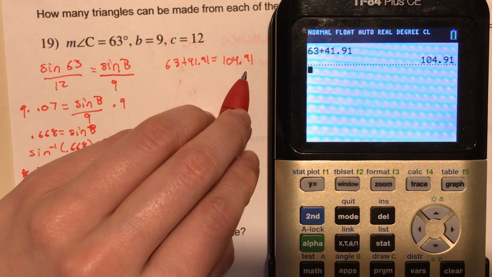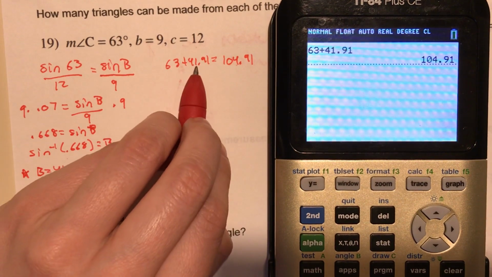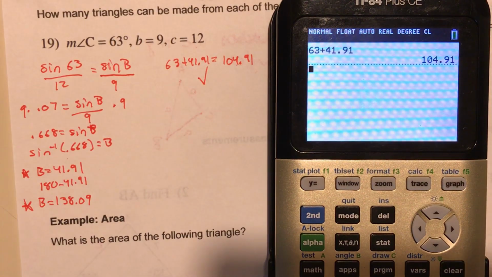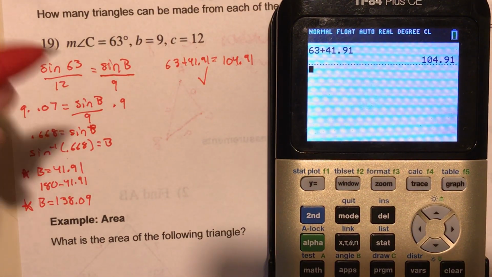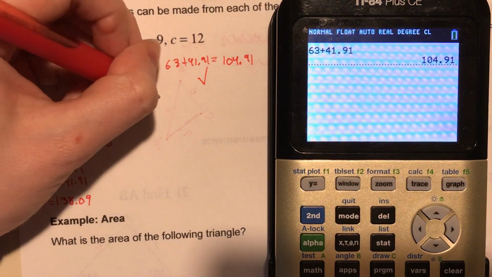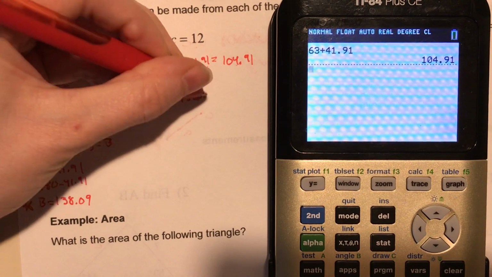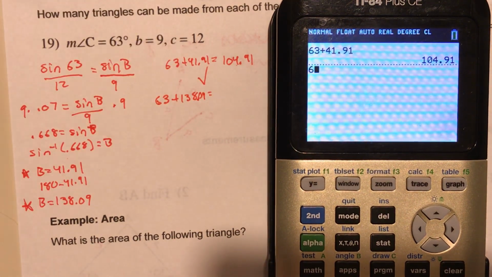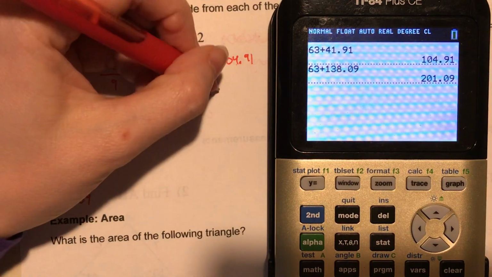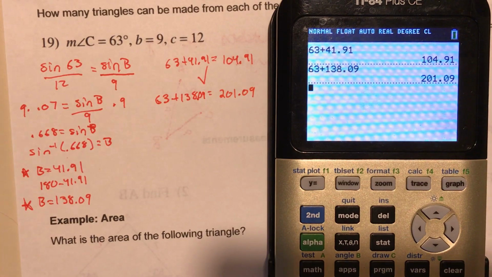We don't know what the third one is, but since this is less than 180, this angle and this angle together plus another angle will make 180 degrees. So we can make that triangle. Let's try using this other B. The 63 degree angle plus 138.09 is equal to 201.09. That's more than 180 degrees.